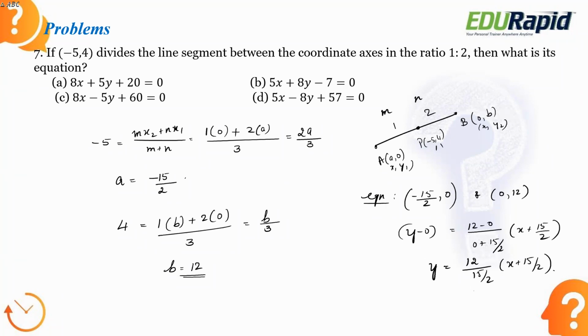Solve this by taking the reciprocals and interchanging the terms. You will arrive at 8x minus 5y plus 60 is equal to 0. Please try this. This is the equation that you get on solving it. It's actually 8x minus 5y plus 60. Right one, Varsha, it is option C.